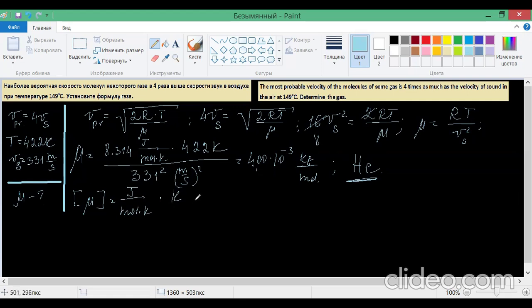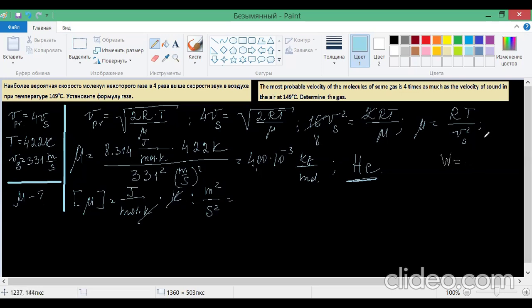Okay, and we divide by meter squared per second squared, right? Okay, kelvins get cancelled.